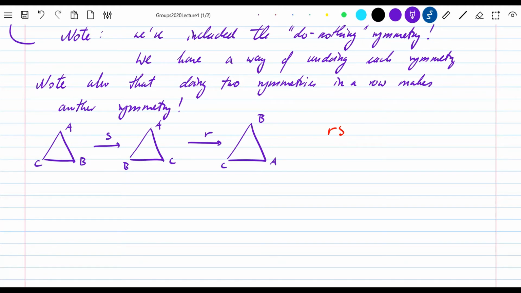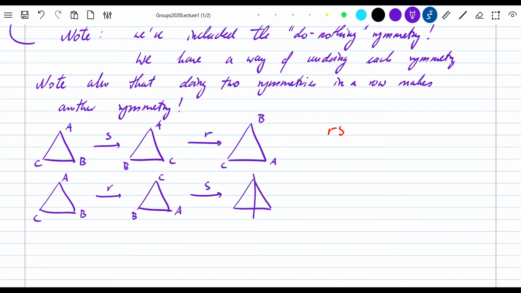Just out of interest, let's see what would happen if we did R first and then we followed it up by S. So what would happen then? If I do R first, I get this, and if I now do my reflection in this axis, what will I get? I'll get this.